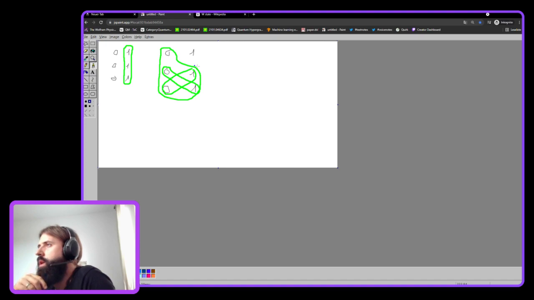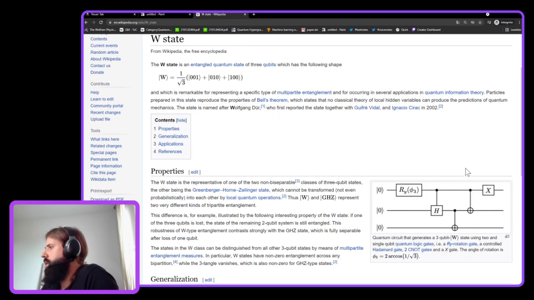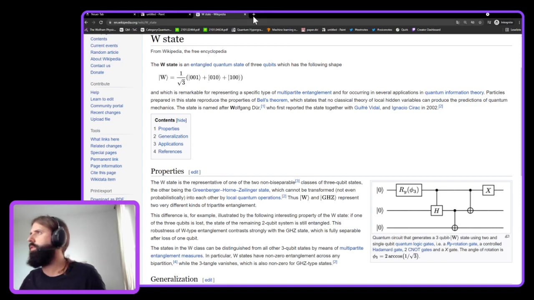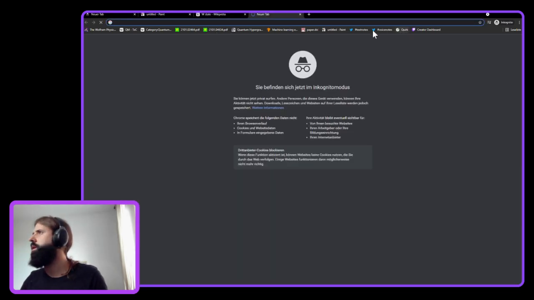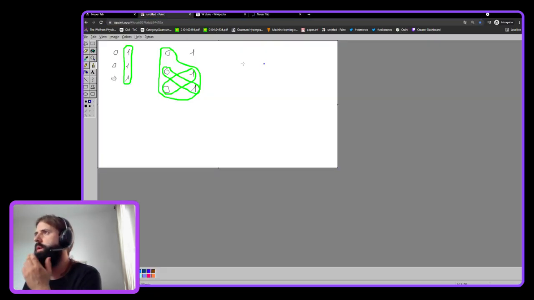Maybe, you know what, maybe this will actually help me construct it better. So if I open Quirk, because then I would still have to say that, I can still draw these, right?